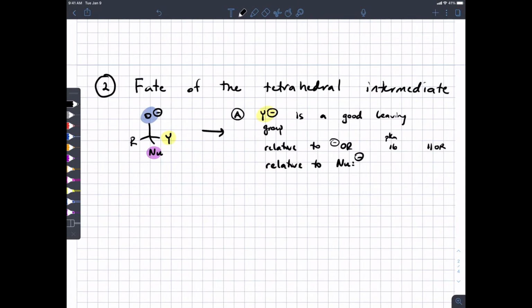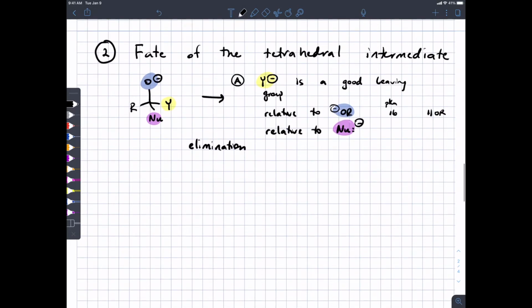Again, you can compare pKa's to determine that. If the Y group is a good leaving group relative to the negatively charged oxygen and relative to the nucleophile, then what happens is a subsequent elimination step.